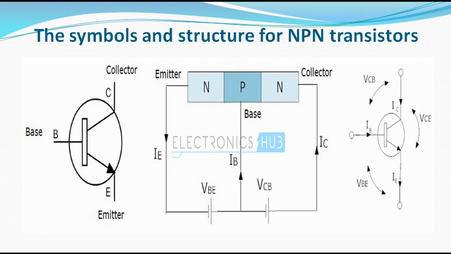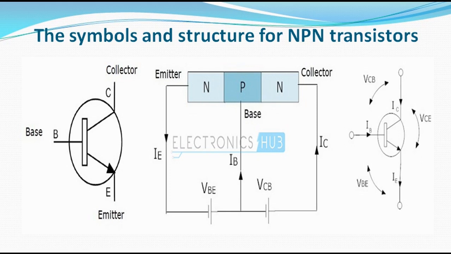In an NPN transistor, the current flows from emitter to collector. The NPN transistor is on when the base terminal is pulled high with respect to the emitter.